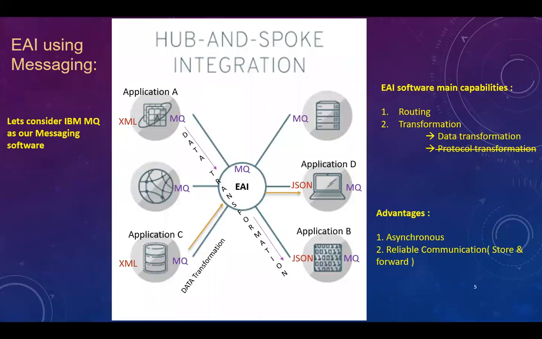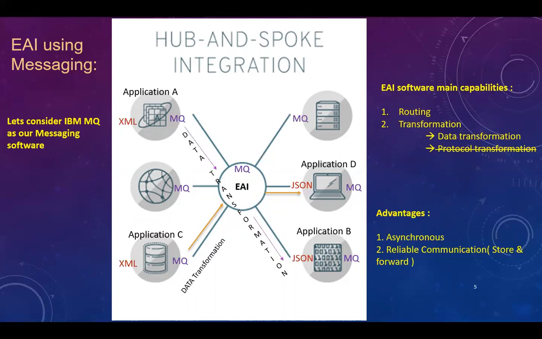So let's take messaging and go a little bit deeper to see what exactly is happening. Suppose I'm going to have messaging as my mode of communication among the applications. Consider applications A, B, C, D, all marked here as MQ. When all are using MQ, it makes my life simpler because I need not worry about any protocol transformation. Everyone is using messaging.